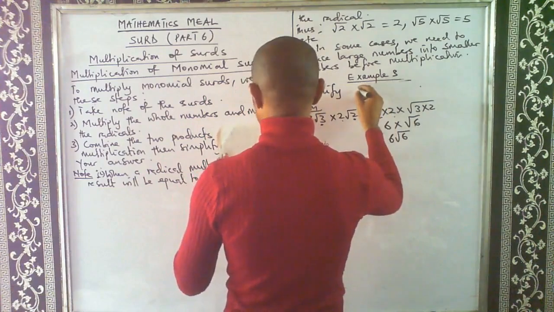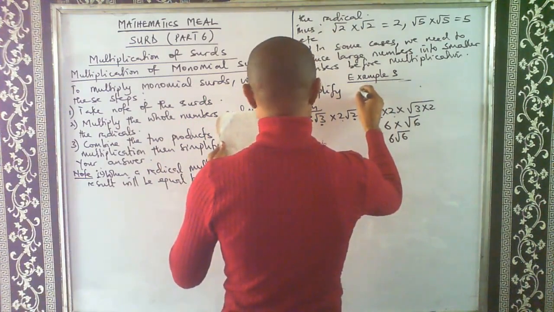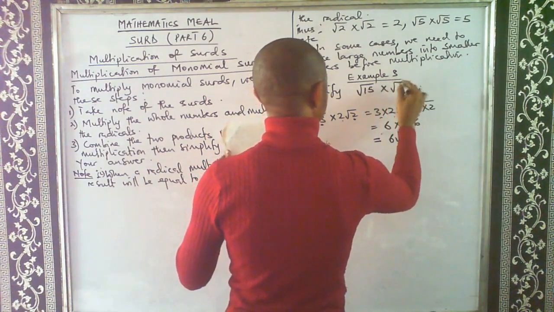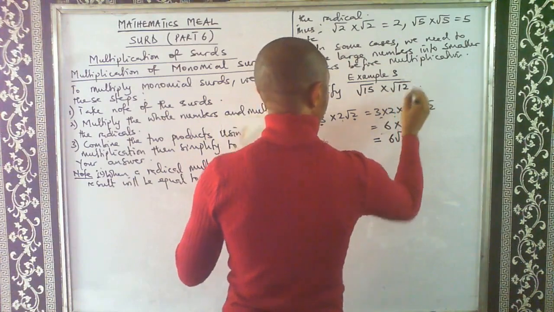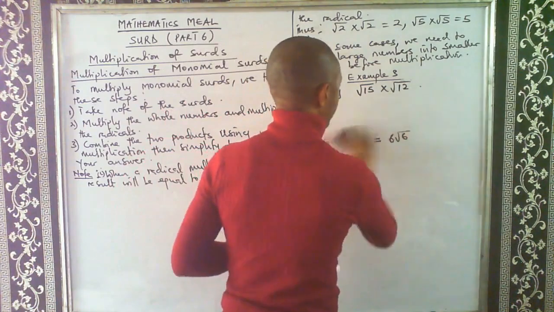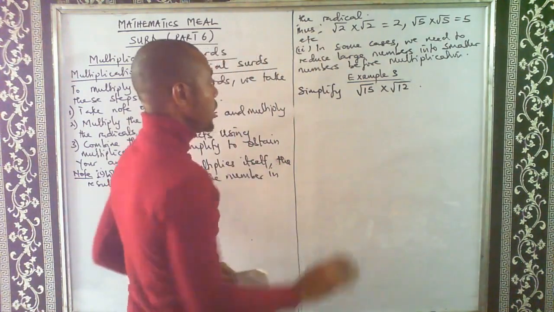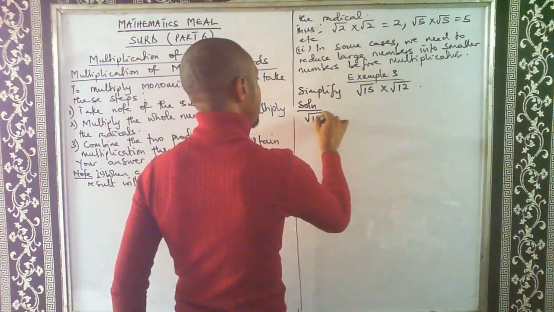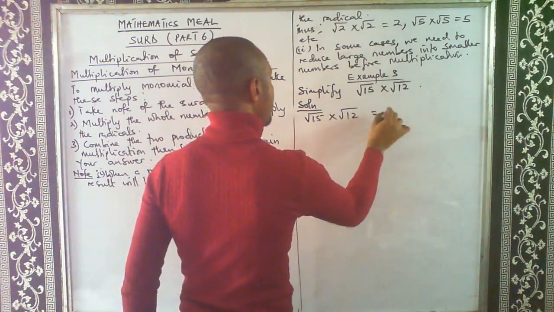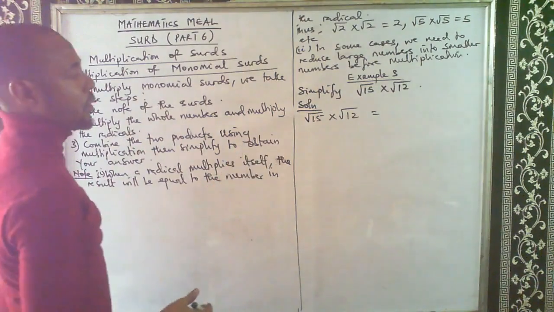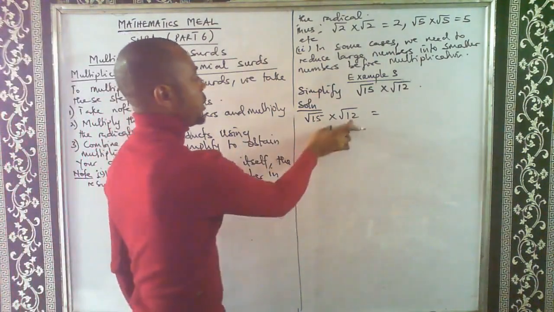So let's take this. We have, simplify square root of 15 times square root of 12. Okay? Let's solve. Square root of 15 times square root of 12. We don't have whole numbers, yeah? So we can just combine this, multiply the radicals.